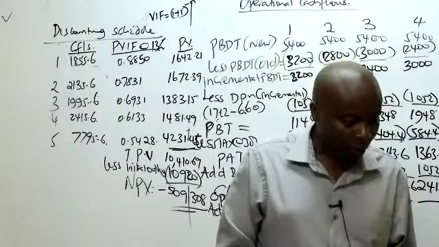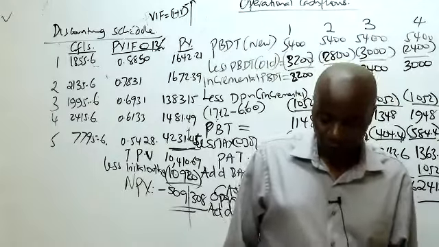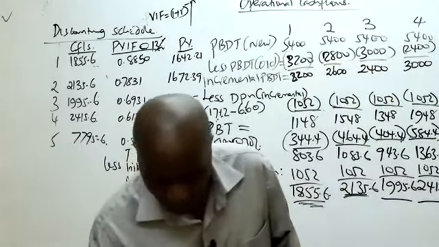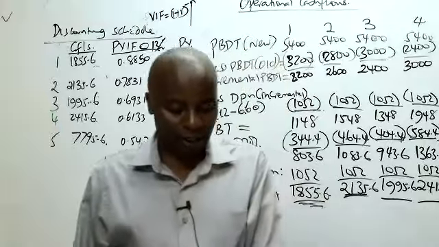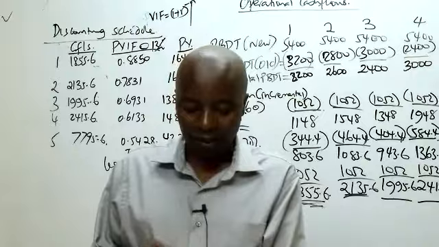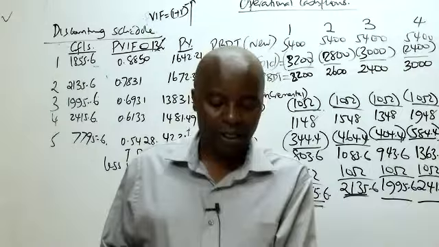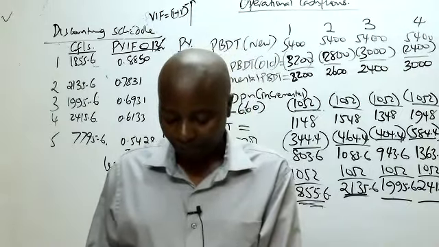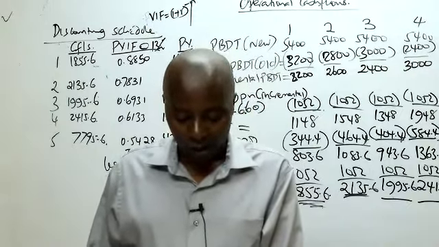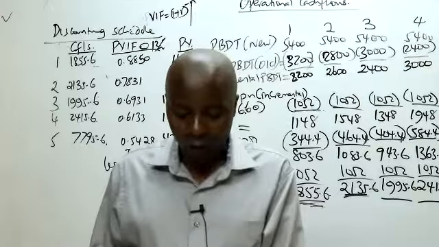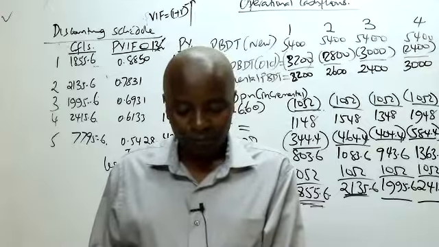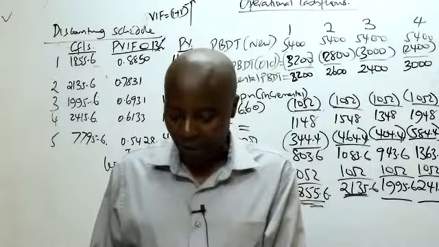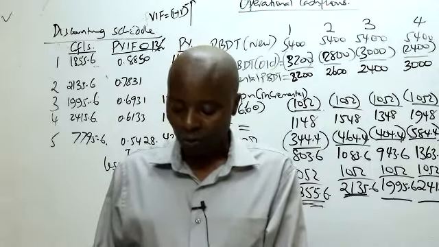Now I want you to do me a favor. I would want us to do these two questions as assignments, if possible tonight. November 2017, question 4, and November 2016, question 4.